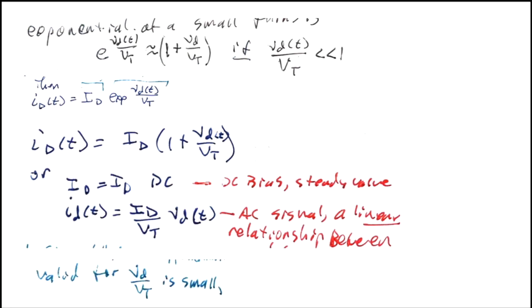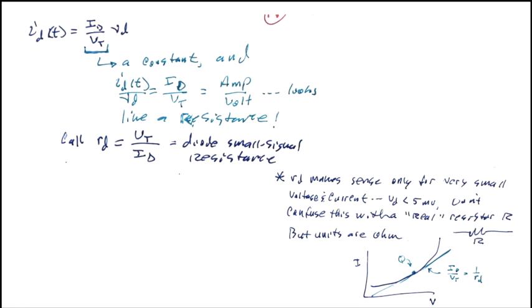It's not a resistance for the DC part, so it's not like a DC resistance of these ID and VD. It's a small signal resistance, and we'll come across this concept a lot more. But if we're only dealing with small signals, then we use it just like a resistor, and we can replace that diode with a resistor as long as we're in this small region where we know the resistance.